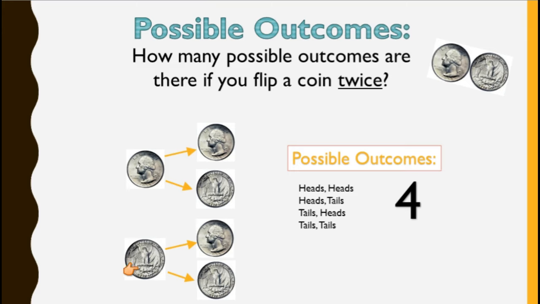If I landed on a tail first, the second time it could land on a head, or the second time it could land on a tail. So these are the possible outcomes this time. It could be a head, then a head. It could be head, then a tail. It could be tail, then a head, or a tail, then a tail. So there's 4 possible outcomes that could take place. Okay?